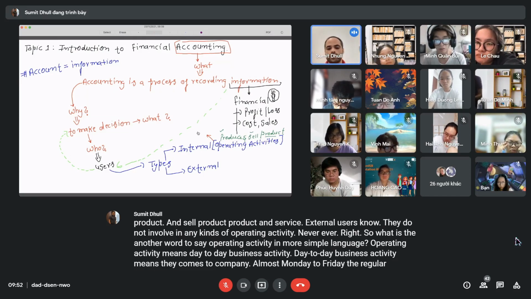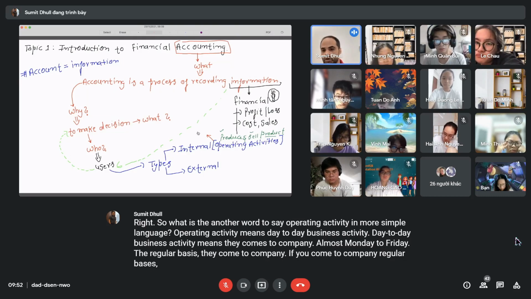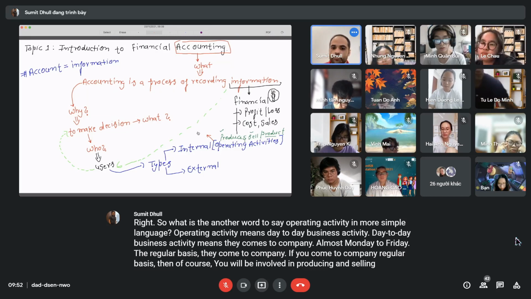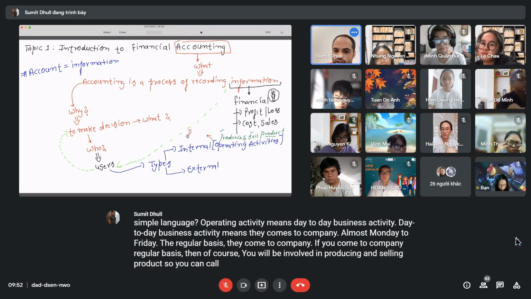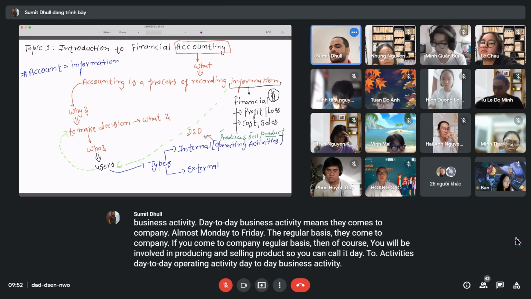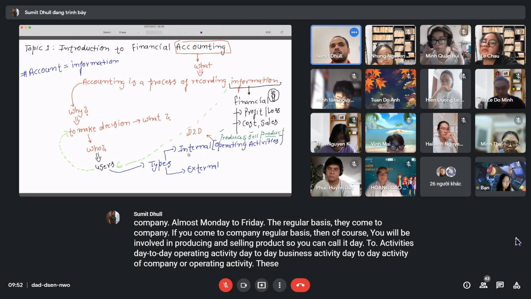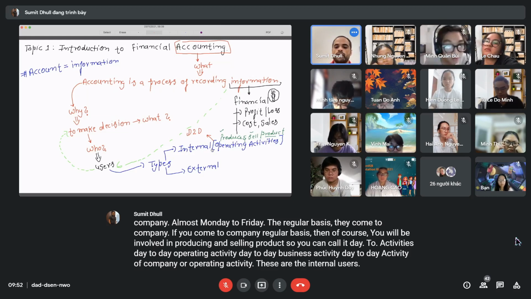Regular basis, they come to company. If you come to company on a regular basis, then of course, you will be involved in producing and selling product. So we can call it day-to-day activities, day-to-day operating activity, day-to-day business activity, day-to-day activity of company, or operating activity. These are the internal users.